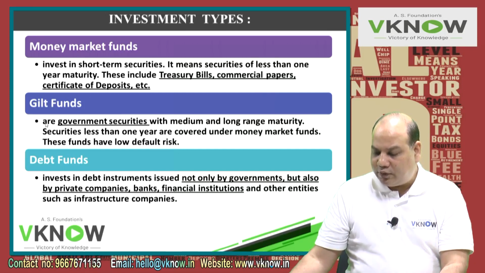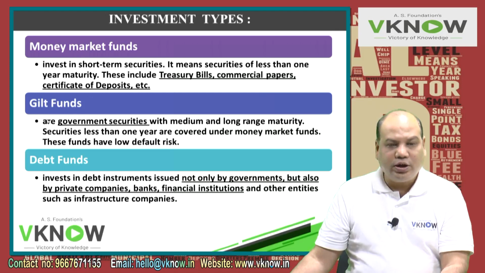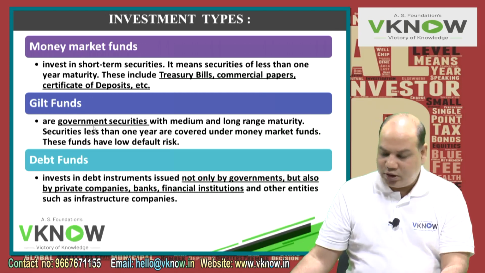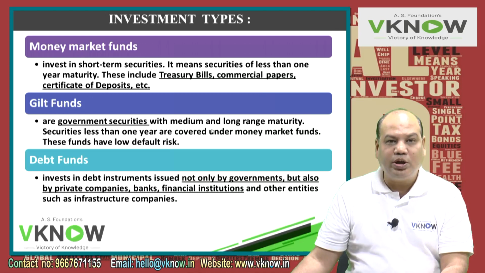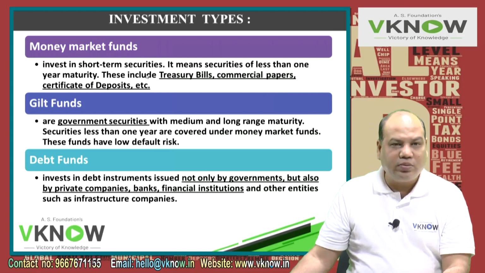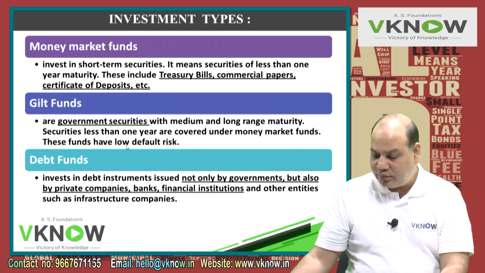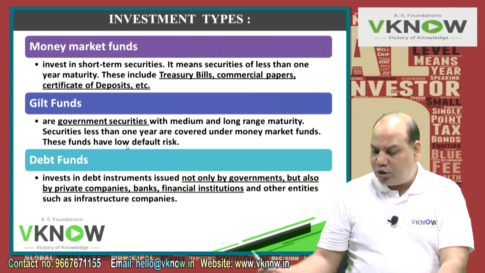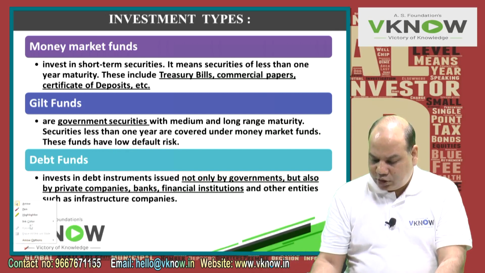Then there is gilt funds. What are gilt funds? These invest in government securities with medium to long range maturity. If it is less than 1 year, it's already covered under money market funds. Maturity period is more than a year, and these have very low default risk. Why?